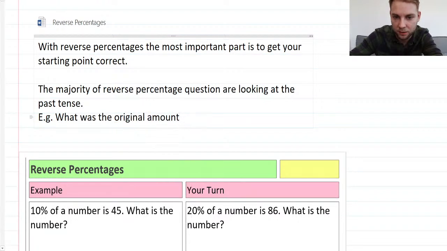Or they might say something along the lines of, what was the value before?